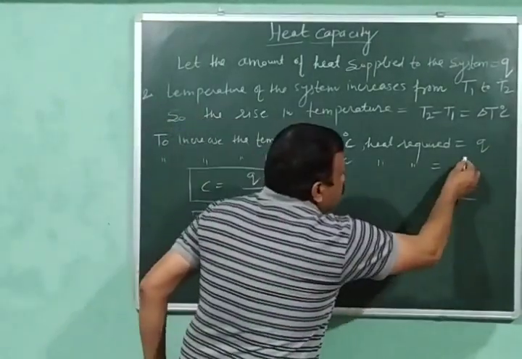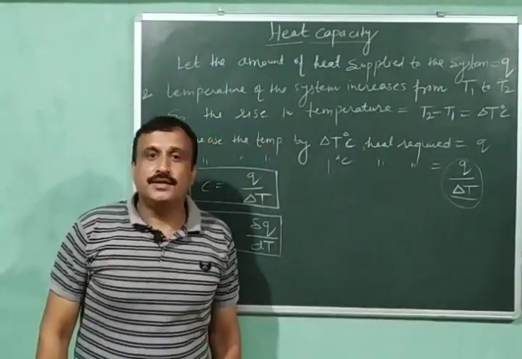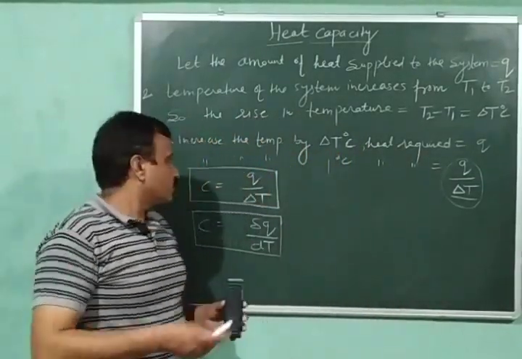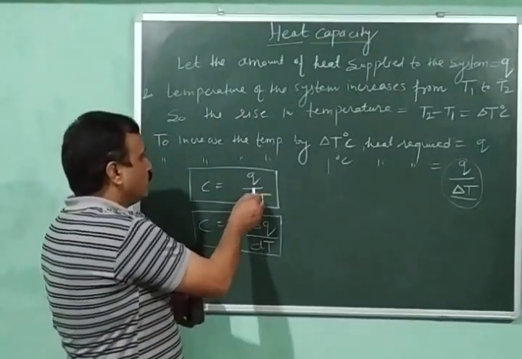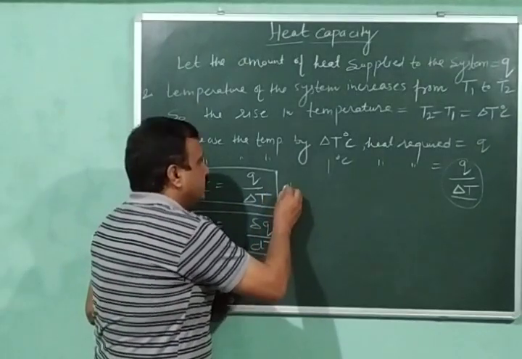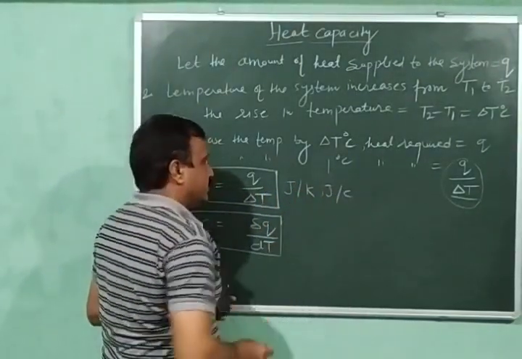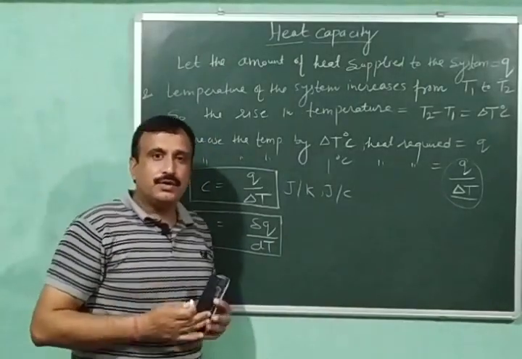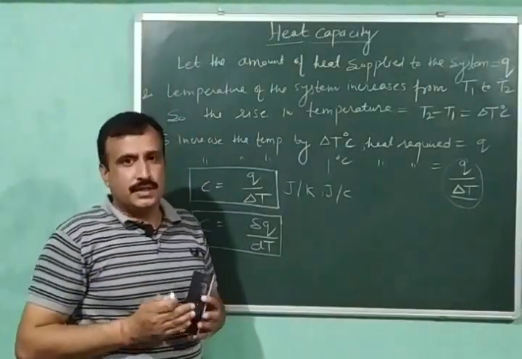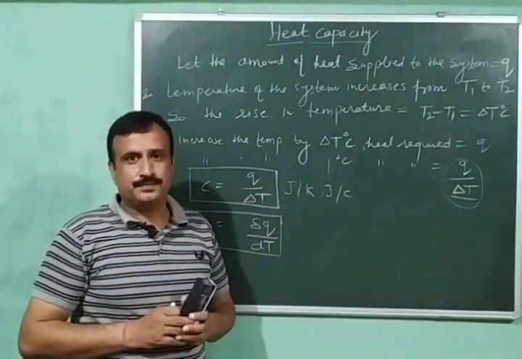So this Q upon delta T is called heat capacity, and it is denoted by the symbol C. So C is equal to Q upon delta T. And what will be its units? Its units will be joule per Kelvin or joule per degree Celsius, even calorie per Kelvin or calorie per degree Celsius, depending upon the units of heat and the temperature.